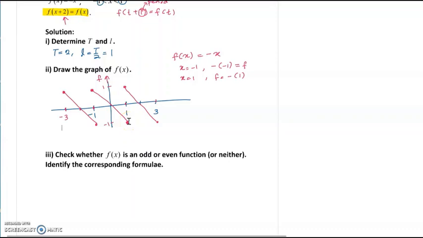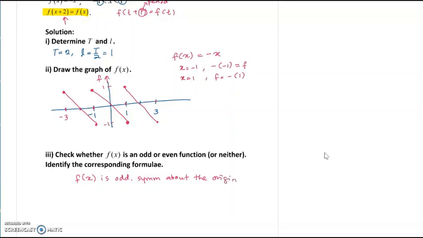It is not symmetric about the y-axis. If it were symmetric about the y-axis, then this line here would be supposed to be here as well. So for this one, it is an odd function. f(x) is odd, because it is symmetric about the origin.